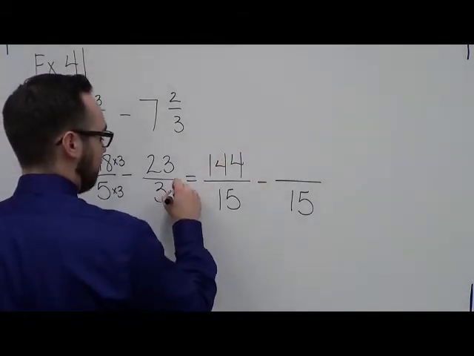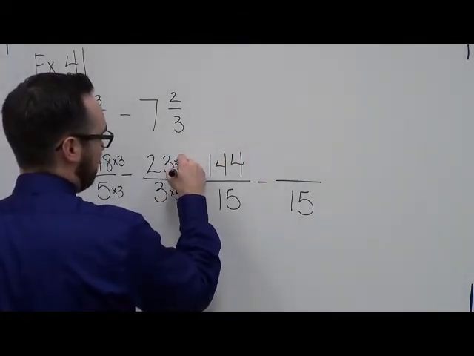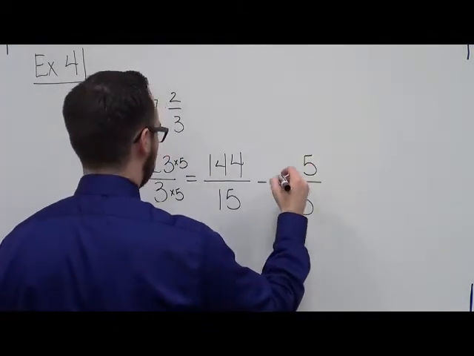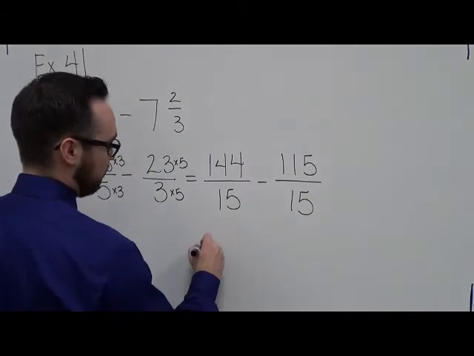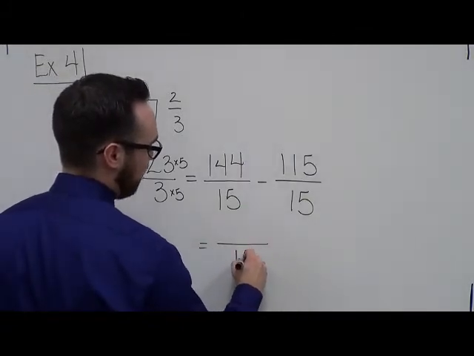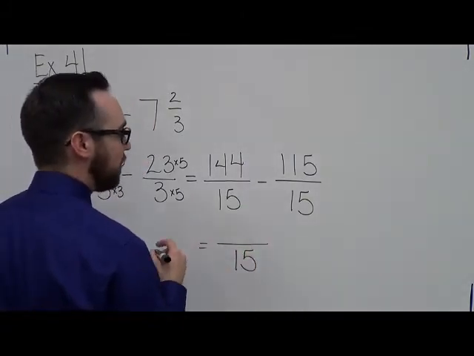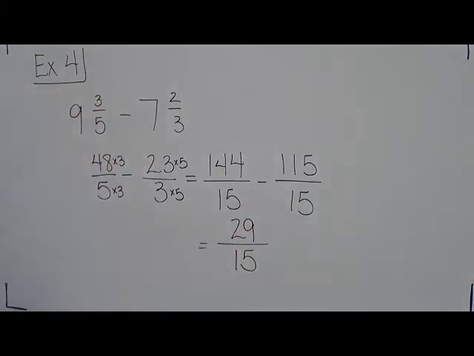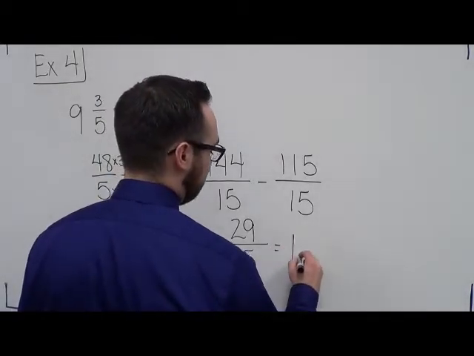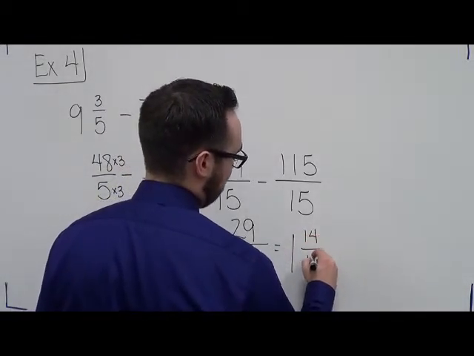And then 3 times 5, which means I have to do 23 times 5. Give me 115. And when I subtract those two numbers, again, denominator stays the same, and the top number is going to give us 29. And then you can rewrite that as a mixed number again, and so it's going to be 1 and 14 over 15.